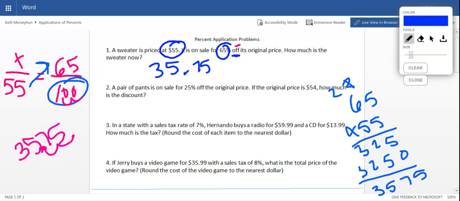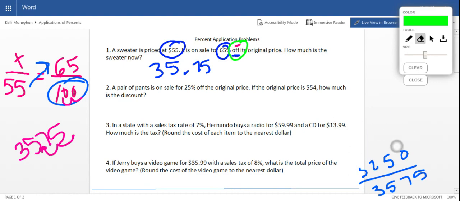Okay, so let's go back and look at our step 2. Okay, so it says that it's 65% off its original price. Off means to subtract. I'm taking it off the original price. The original price was 55. So I need to go ahead and subtract that.